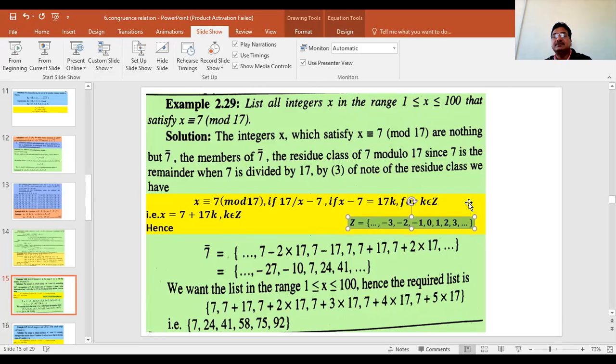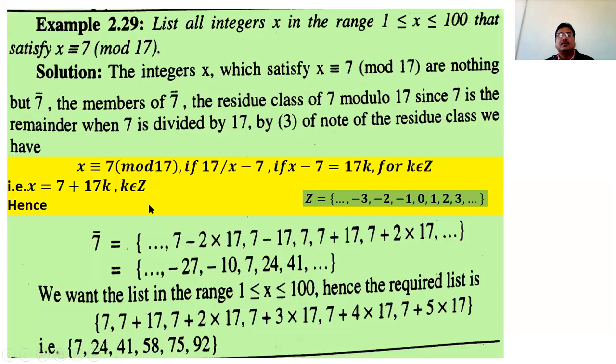This is the set Z. Substitute the values of k from this set, that is, k as −3, −2, −1, 0, 1, 2, 3.